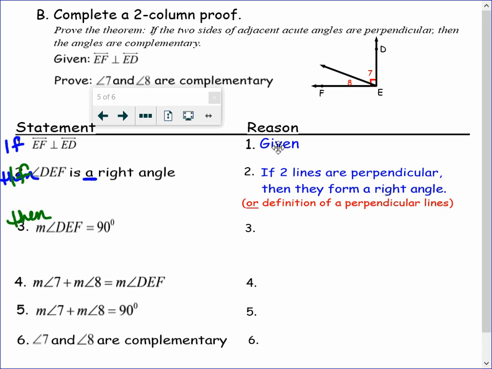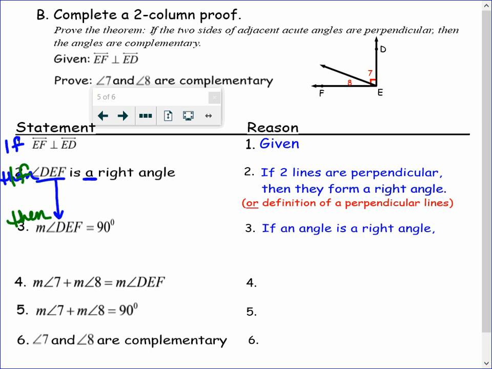Then I look at the proof and go, oh, look, I'm still talking about angle DEF. I'm still talking about it. I'm just talking about it in a different way. So those two still go together. And I'm going to do my if-then trick.